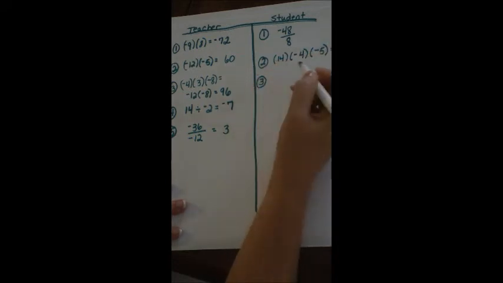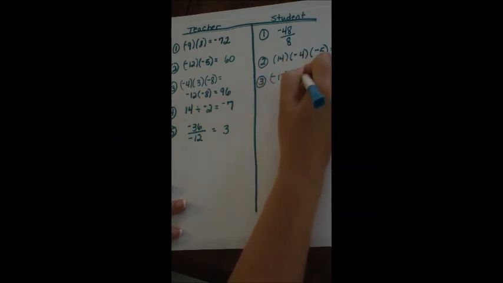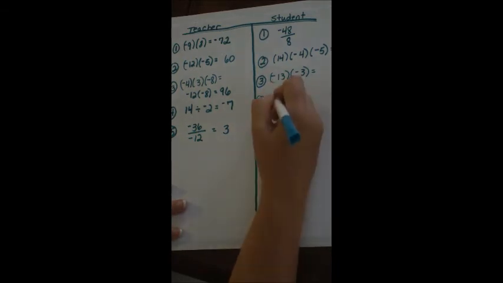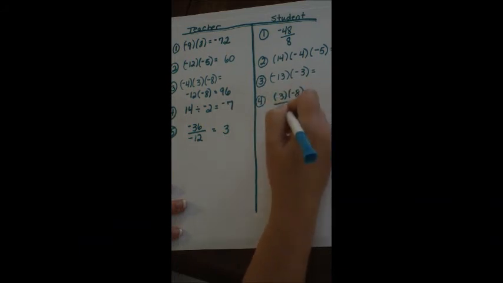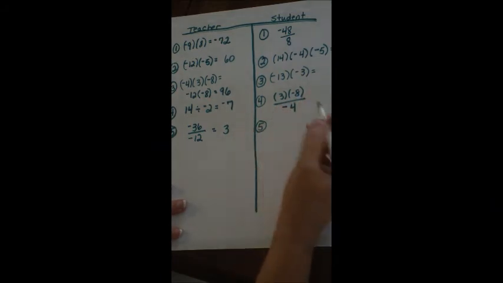Let's do negative 13 times negative 3. Let's do 3 times negative 8 divided by negative 4. And let's do one more.